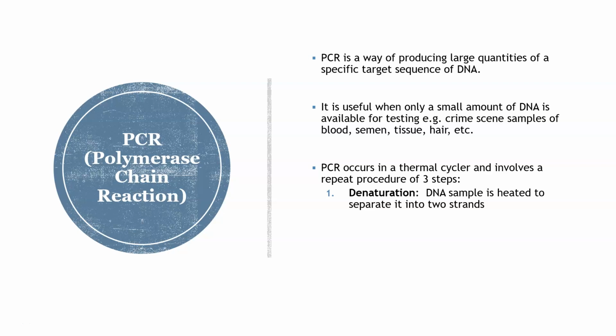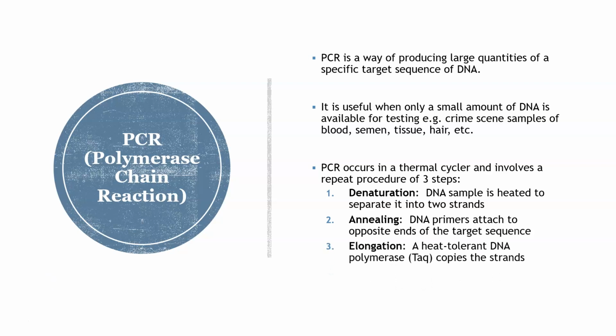So you heat it up and you break the hydrogen bonds between the strands. We then have annealing, where the DNA primers attach to opposite ends of the target sequence. And then we have elongation. Now this is a heat-tolerant DNA polymerase which copies the strands.